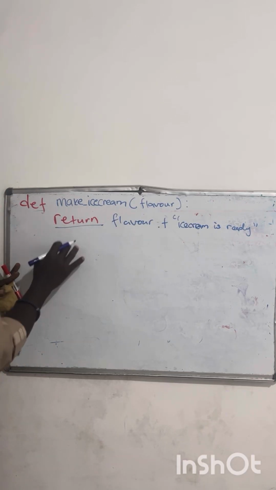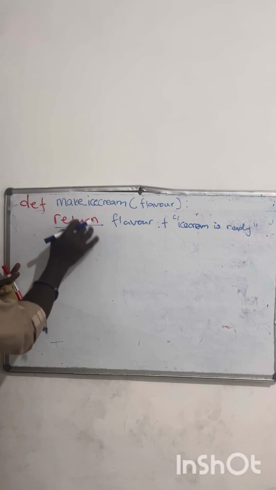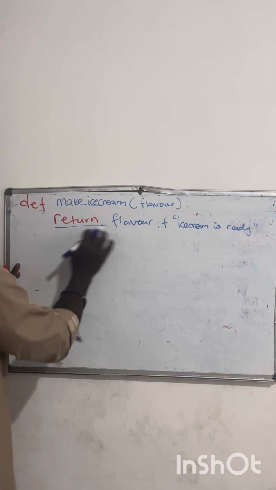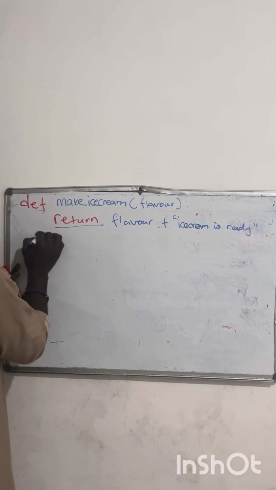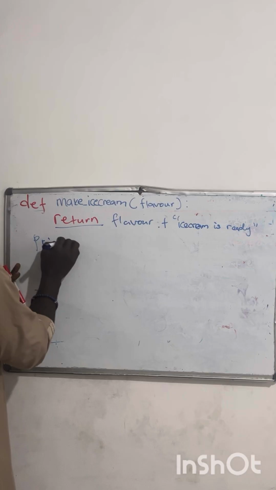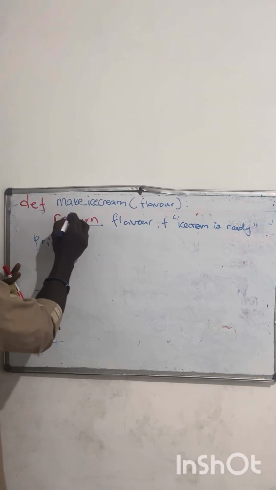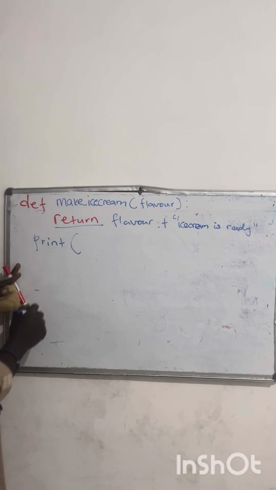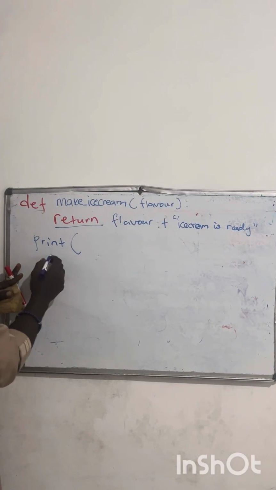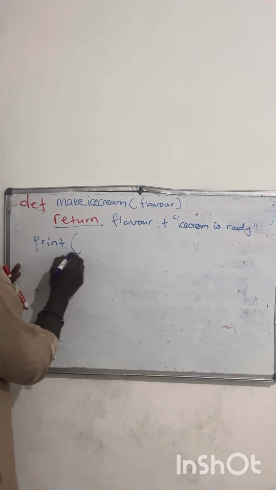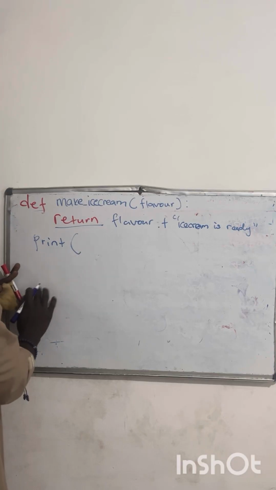But if we want to print the returned value on the screen, we shall go on to say print. Then here we shall have to print the function call. So here we are just going to print the function call, and the function call will be inside the print statement.